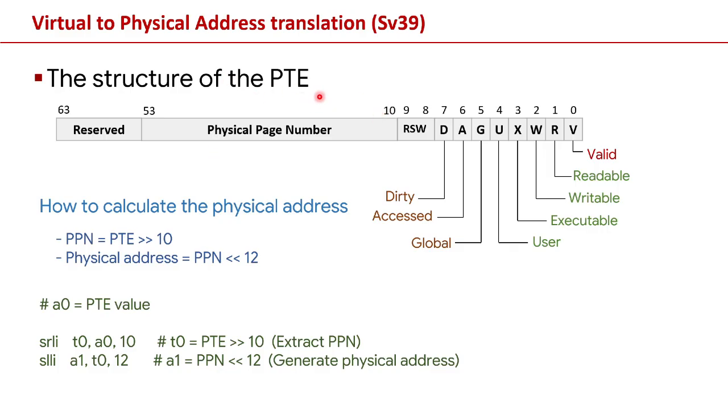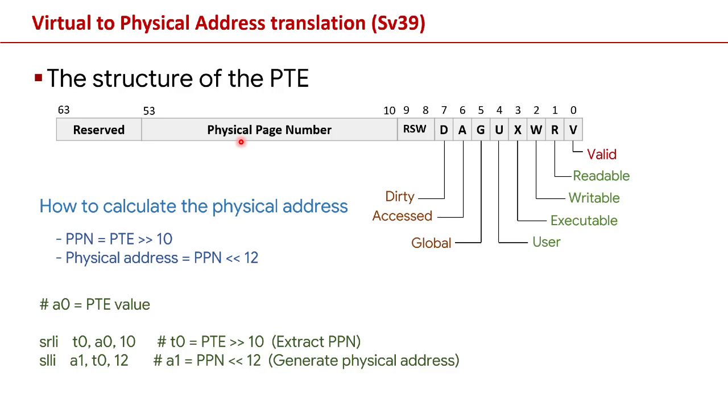As you know, the page table entry is split into two parts. The first part is the flag bits. The 0 to 9th bits contain the attributes, the information about this page table entry. And the 10th to 53-bit position has the physical page number.